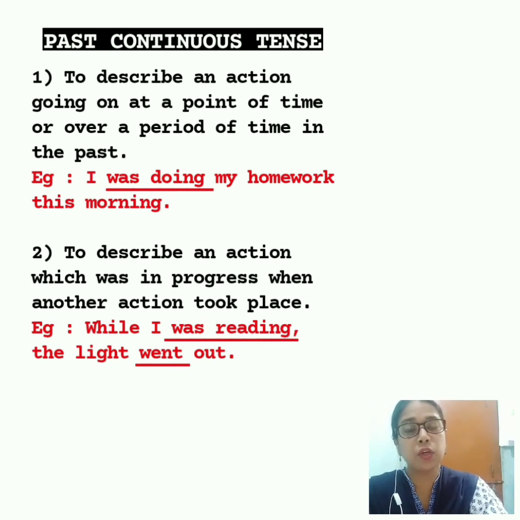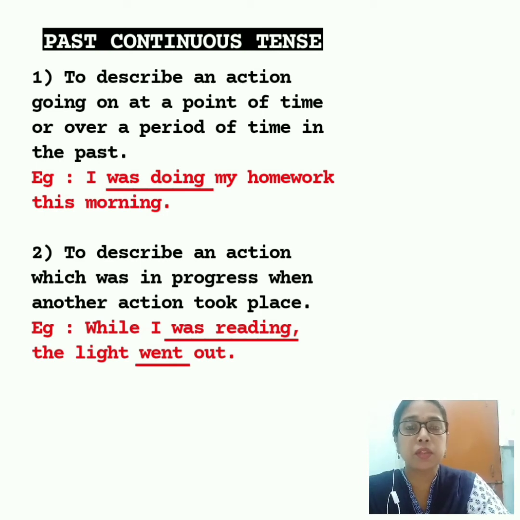So here, which action was in progress, going on in the past? I was reading. So that will be written in the past continuous tense. And what happened, what took place at that time when this action was going on? The light went out. So here the simple past tense has been used, went.